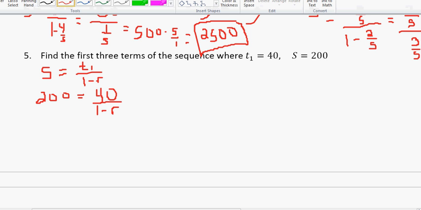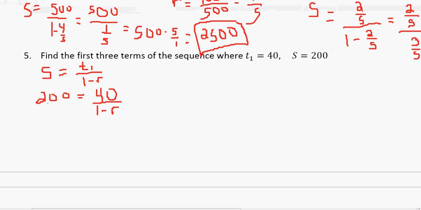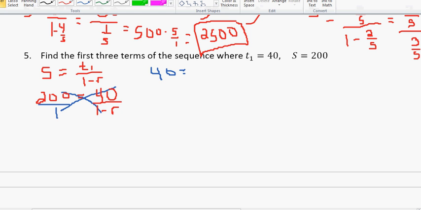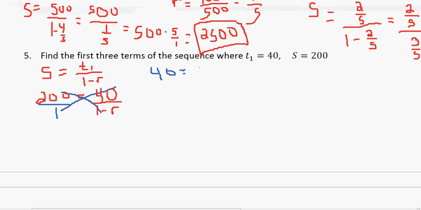So it's over 1 minus r. Okay? So we can take this equation and we can solve it for r. So I'm just going to put my 200 over 1, and I'm going to cross multiply. So that times that is 40 equals, and then that times that is 200 parentheses 1 minus r.